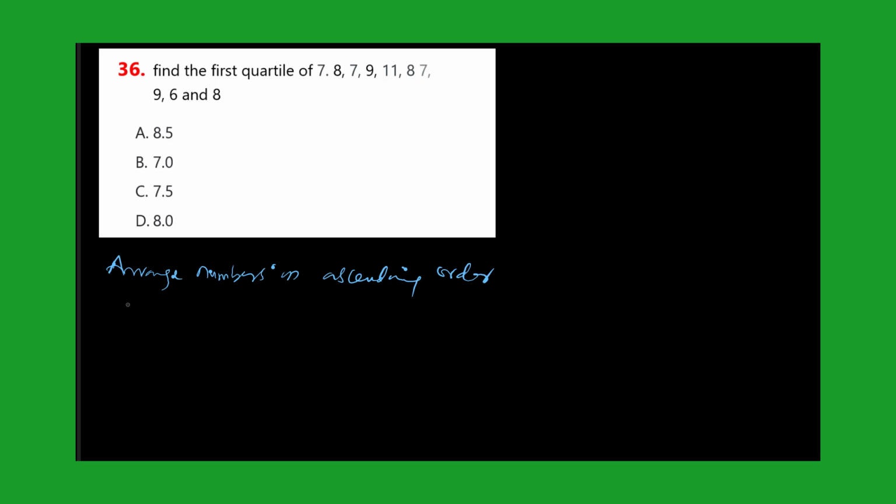That is 6, which appears once. 7 appears three times, so 7, 7, 7. Then 8 appears three times.